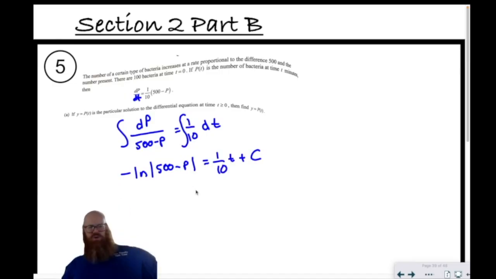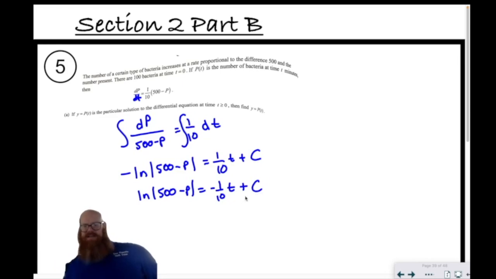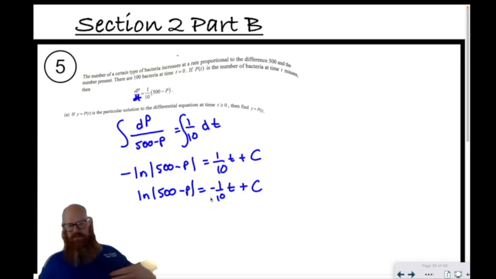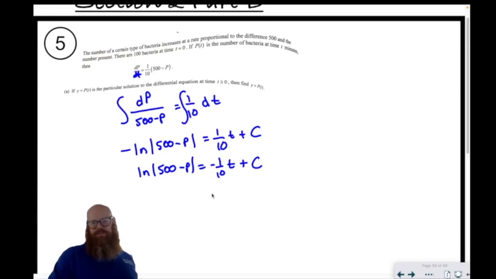And then I'm just going to do a little bit of rearranging. I'm going to divide through by the negative. So I get the ln of 500 minus p is equal to -1/10 t, still plus c. If I divide c by a negative, it's just a different constant, so I'm just going to keep absorbing the constant here and keep calling it c.